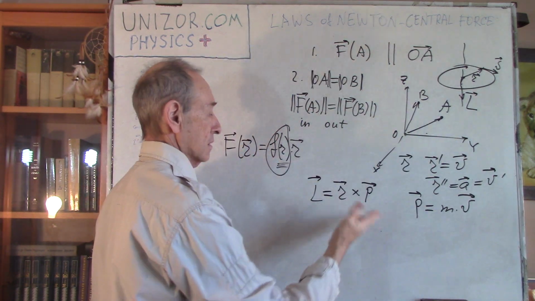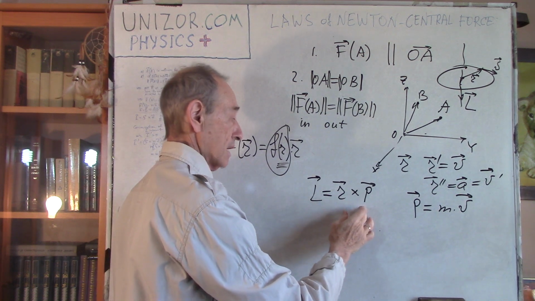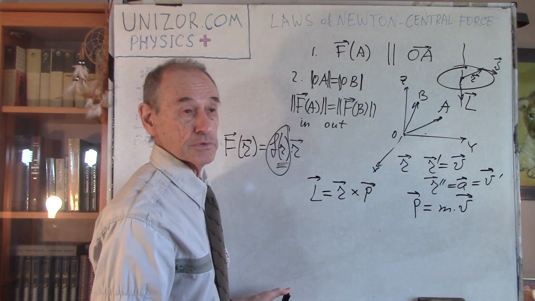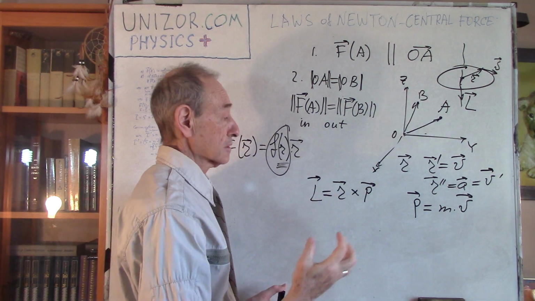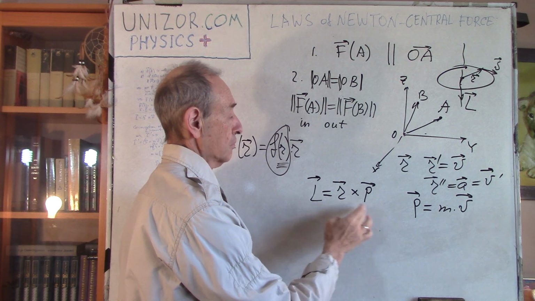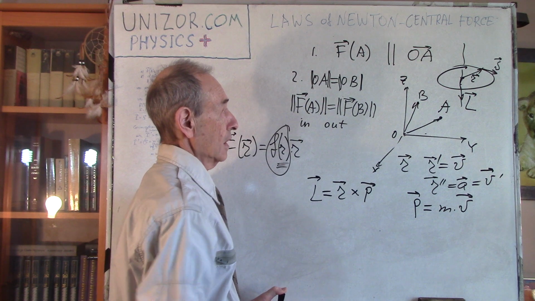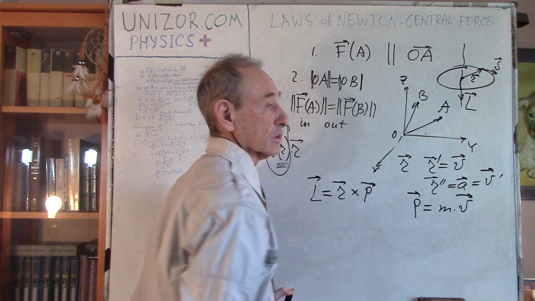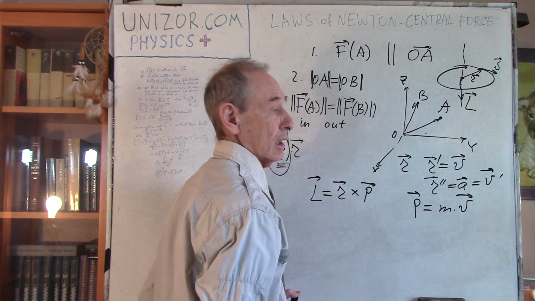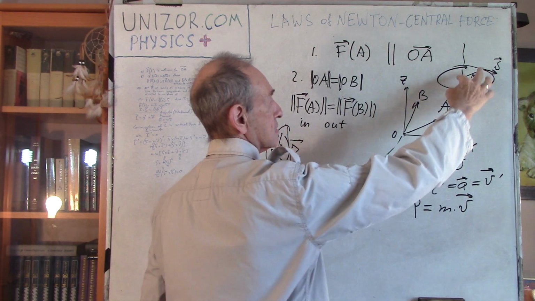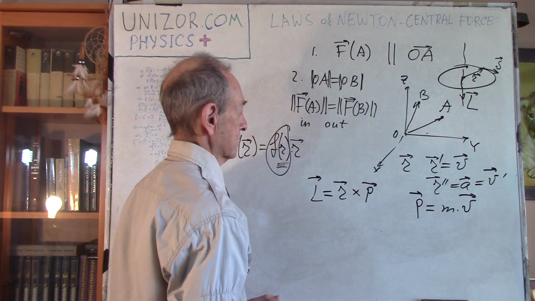And obviously its magnitude is the magnitude of this times the magnitude of that times the sine of the angle between them. Remember what the vector product is? The magnitude of the vector product is the magnitude of one times another times the sine of the angle between them. In this case, the sine of 90 degrees is 1. So basically the momentum in this regular rotation would be just the multiplication of the lengths of these vectors.